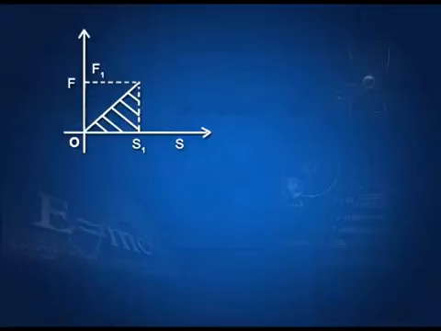Now, let us see if a graph can help us calculate the work done in case the force is variable. You can have a choice of force which is steadily increasing, steadily decreasing, that means uniform increase or uniform decrease, or you could have it just changing any which way it wants. So, let us see the graph for constantly increasing force.